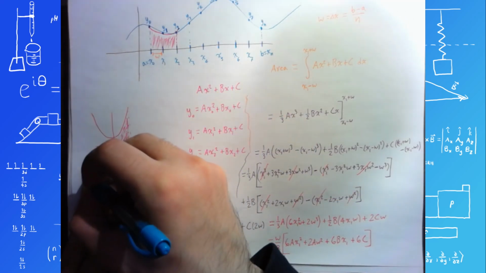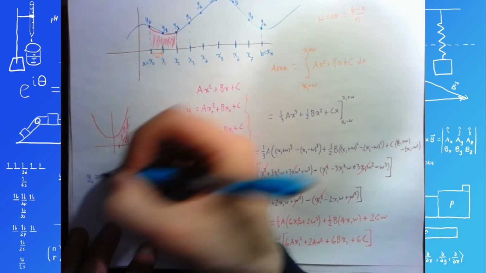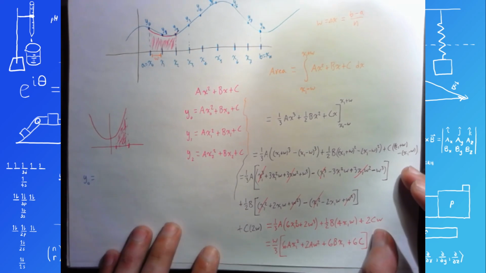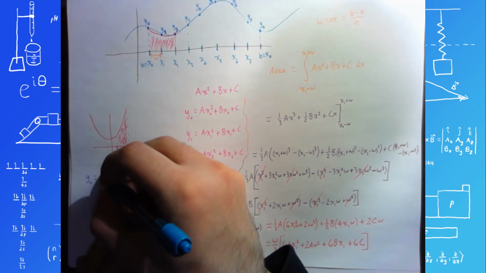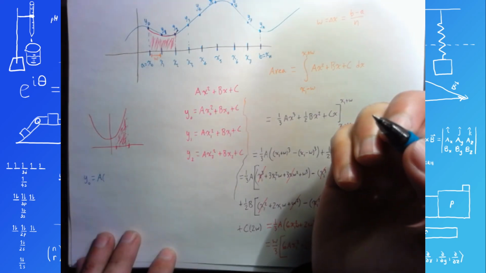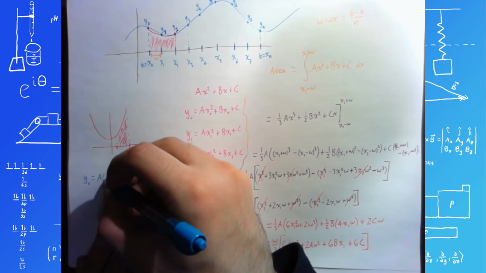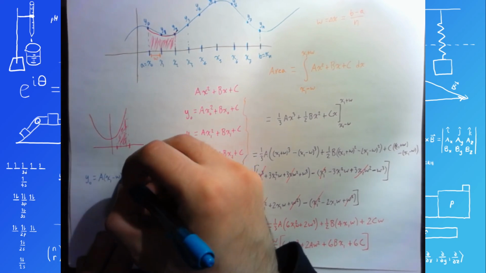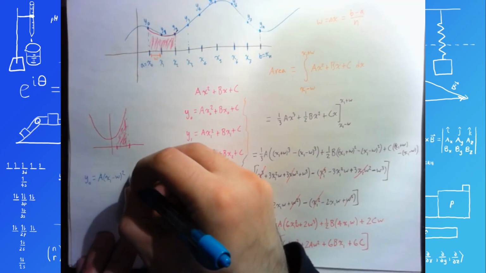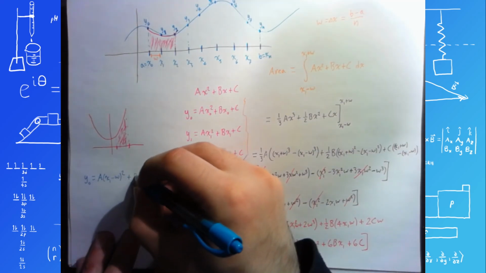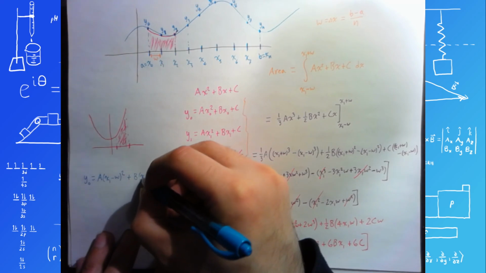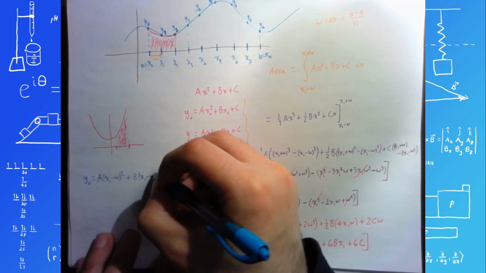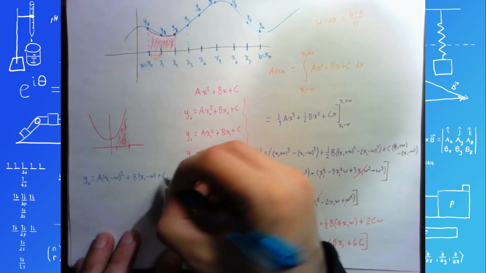So y0 is going to be a times x0 squared, which is a times x1 minus w squared, plus b x0 again rewritten as x1 minus w, plus c.